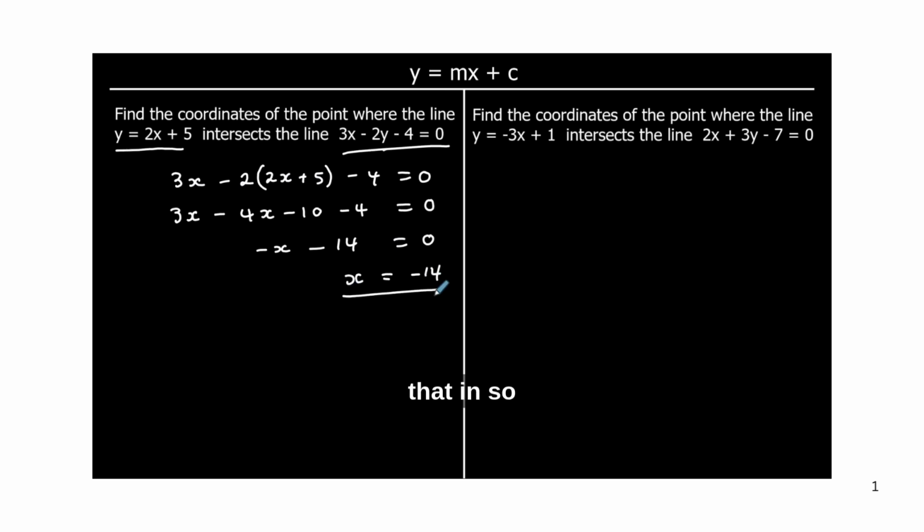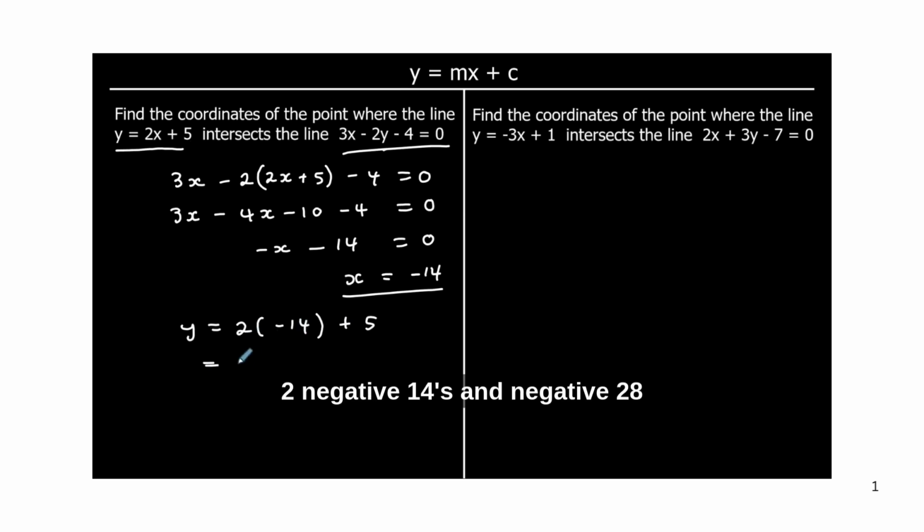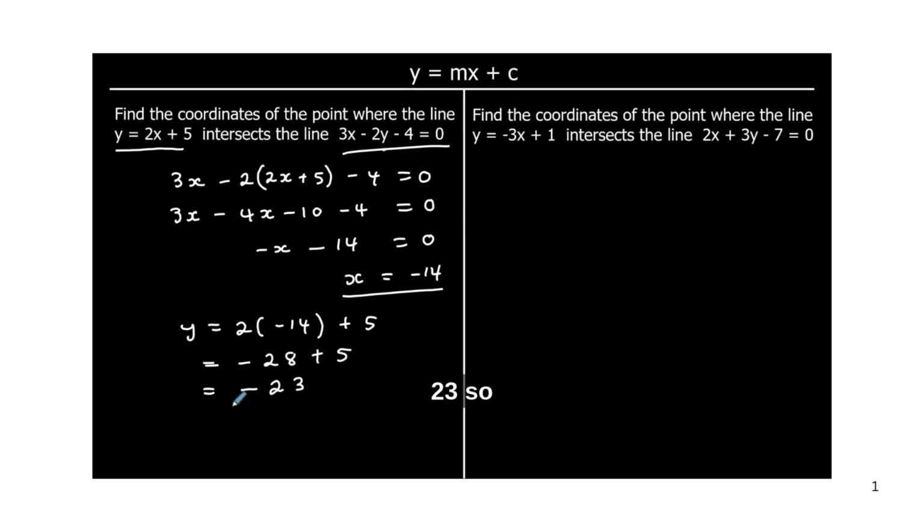Substitute that in. So y is equal to 2 negative 14s, 2x's, plus 5. 2 negative 14s are negative 28. Negative 28 plus 5 is negative 23. So the coordinates are negative 14, negative 23.